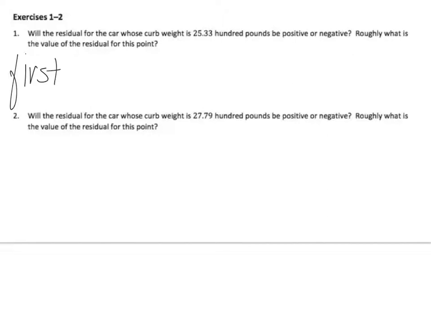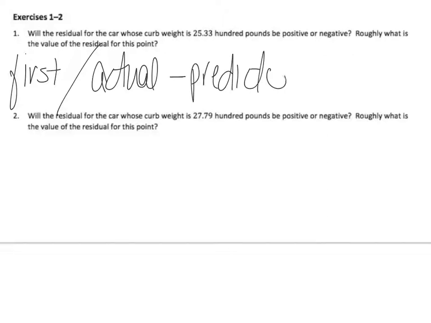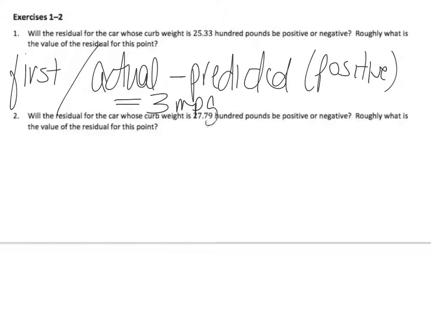Well, if the residual is above the graph, we're going to take the actual value minus the predicted value, and the predicted value is lower, so it's going to be a positive value. And if you look, it actually gives us 3 miles per gallon positive, which is about 3 units above the line.